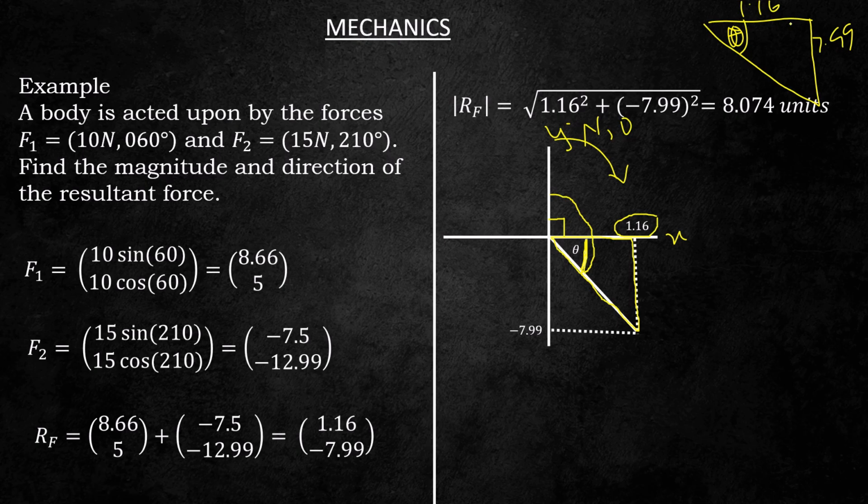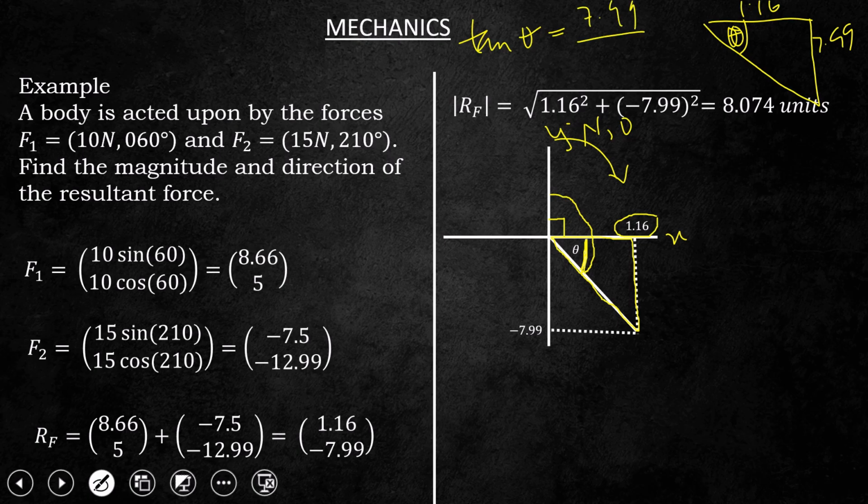You can see this side is the adjacent because it is next to our angle, this is opposite because it is opposite to our angle, and this is the hypotenuse because it is the longest side of the triangle, opposite the 90-degree angle. So I can use tan: tan theta is equal to opposite over adjacent, 7.99 all over 1.16.